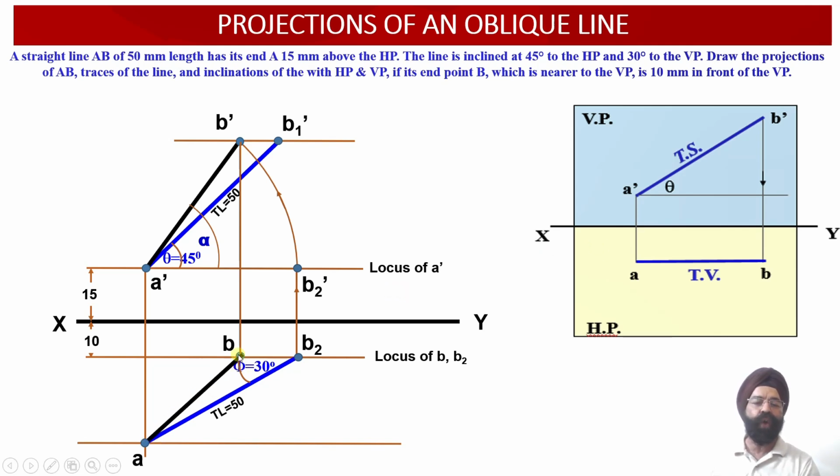Now let us carry out the validation of this point B. That is, if we obtain this point B using the rotation of the line method, whether we are going to obtain the same point B using the rotation of the line principles. So now we know that we will be able to obtain true length of a line in the elevation projection view only when the apparent length of the plan projection view happens to be parallel to the vertical plane.